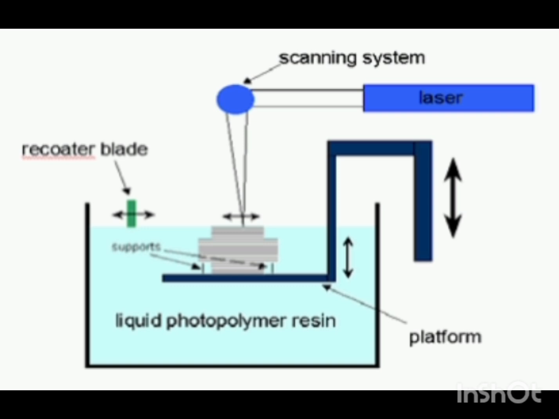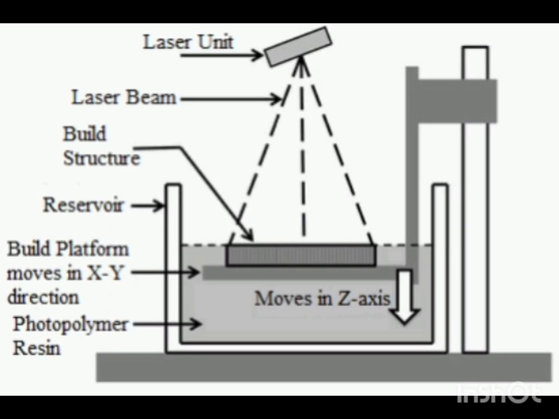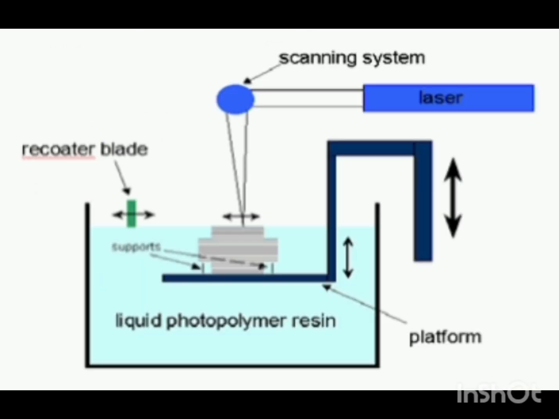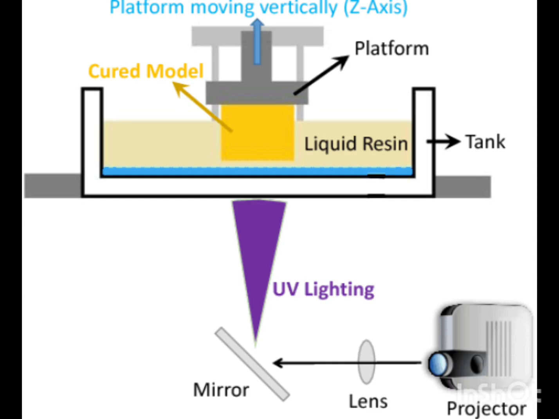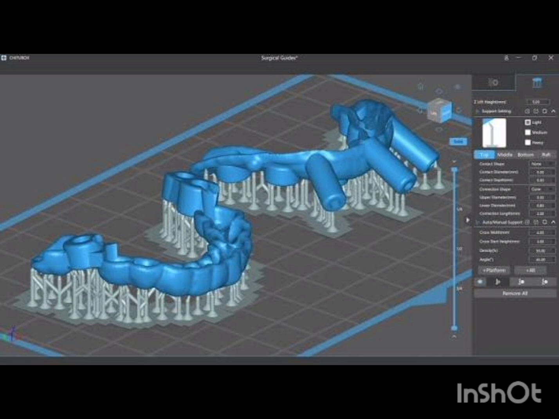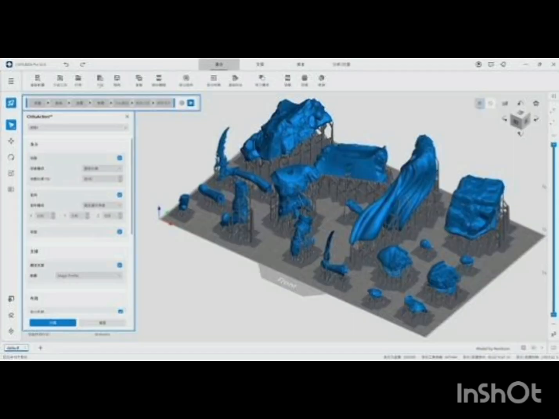The concept of 3D printing actually began in the early 1980s. In 1984, Charles Hull developed stereolithography, the first commercially successful 3D printing technology, and he later founded 3D Systems, one of the pioneers in additive manufacturing. Initially, 3D printers were expensive and used mainly in engineering and industrial design.